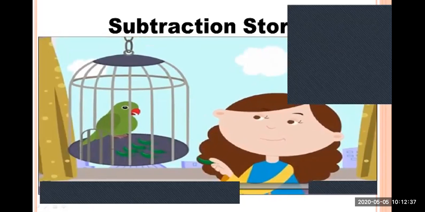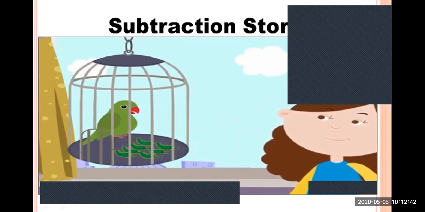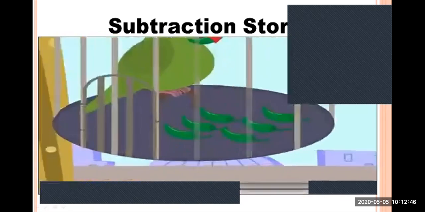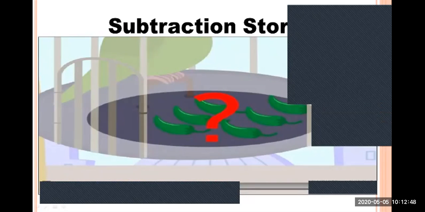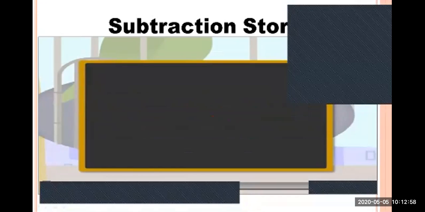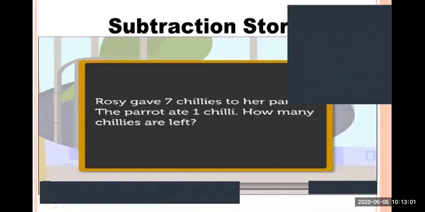story. Rosie gave 7 chilies to her parrot. The parrot ate 1 chili. How many chilies are left? First, we read the story. What information does it give?